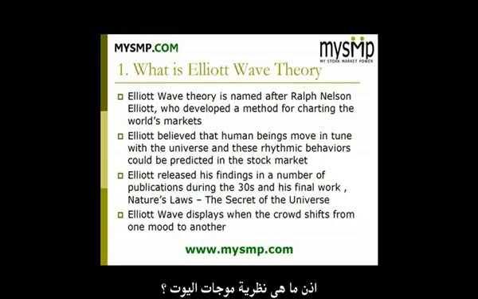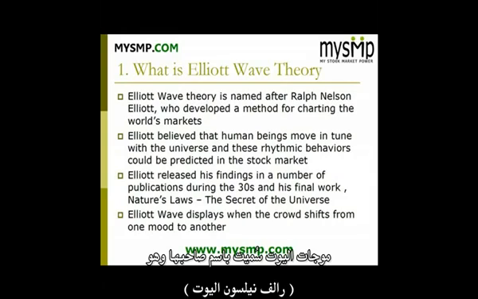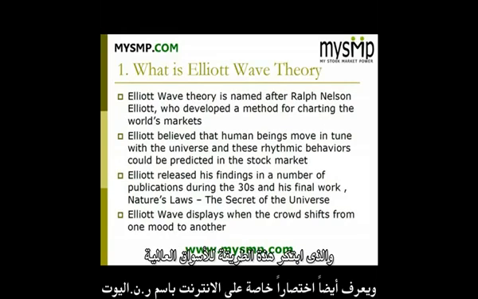Okay, so what is Elliott wave theory? Elliott wave is named after Ralph Nelson Elliott. He developed this method for charting the world markets. He's also known as R.N. Elliott, an abbreviation you'll see a lot on the internet as well as in books.